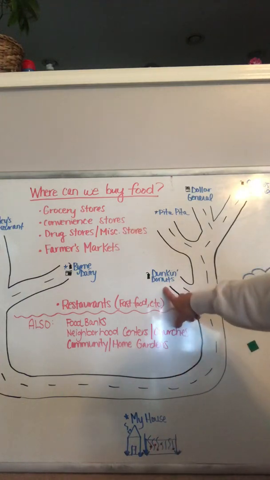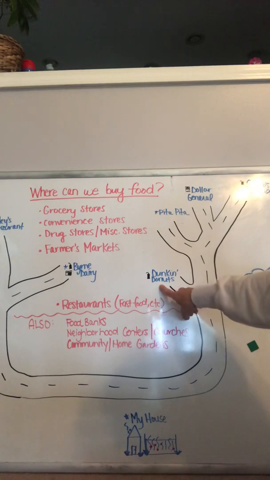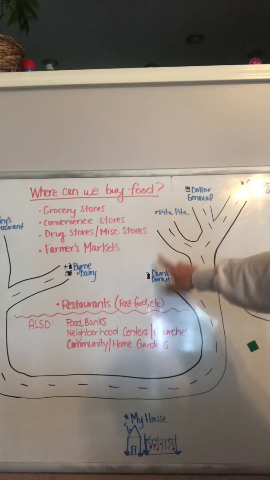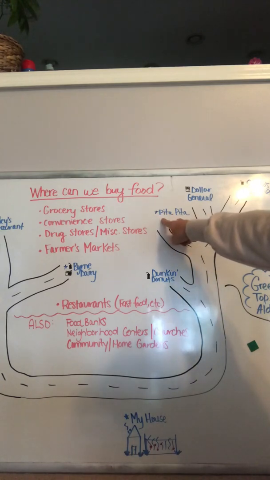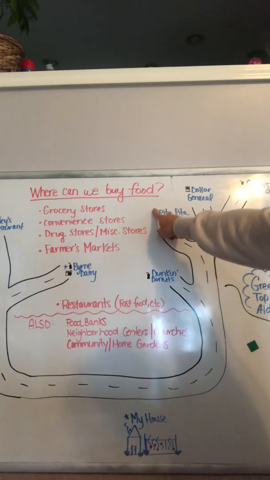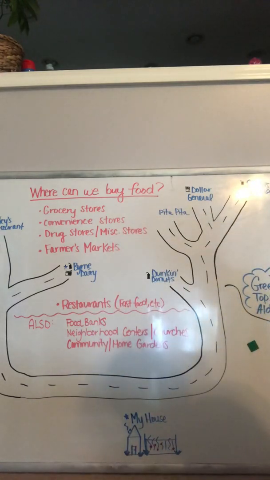So we have a Dunkin' Donuts nearby, which I indicated as a fast food restaurant because although they do have some healthy options, it is mostly unhealthy. We have a place called Pita Pita, which is a salad and wrap restaurant, which I thought was pretty healthy. It is not a grocery store, so I'm going to change that. But I would probably put that as a restaurant.